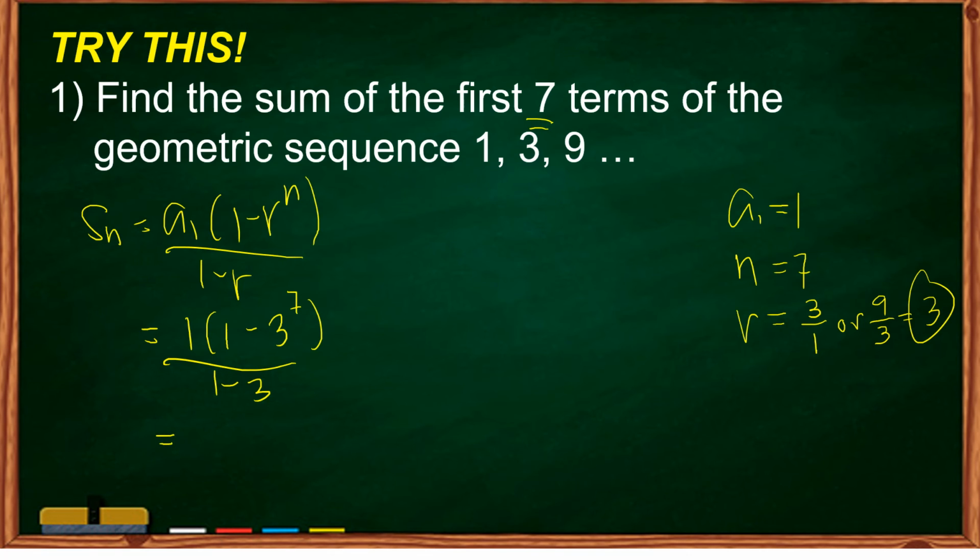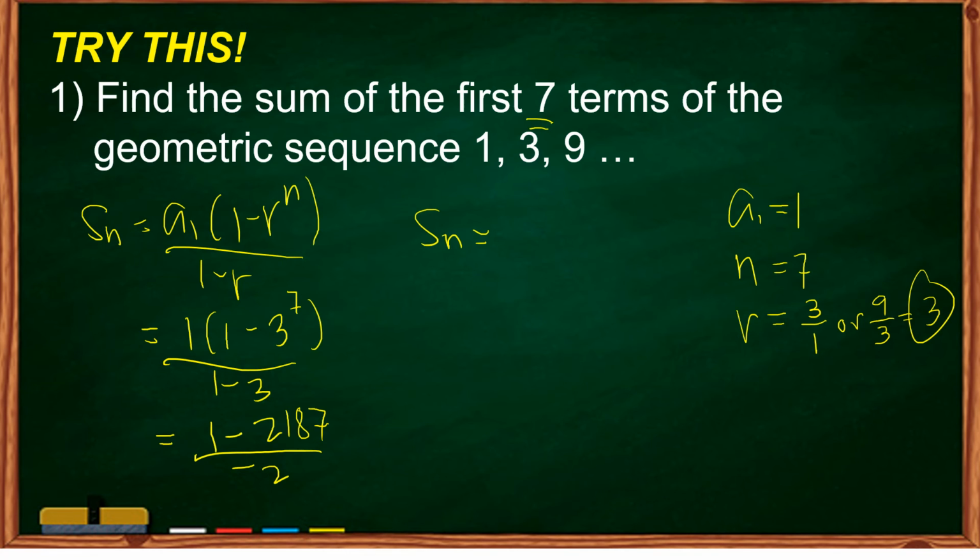Since any number multiplied by 1 is itself, we can remove this. This will be equivalent to 1 minus 3 raised to 7, which is just equal to 2,187. You may use your calculator or manual computation. Divided by 1 minus 3 means negative 2.